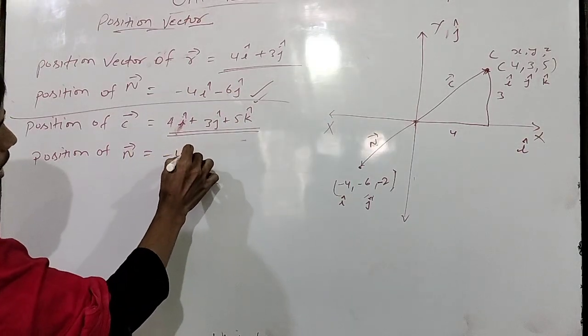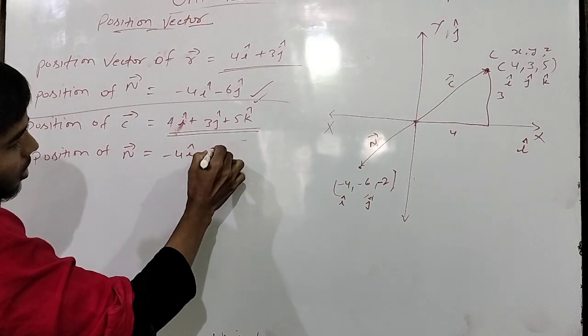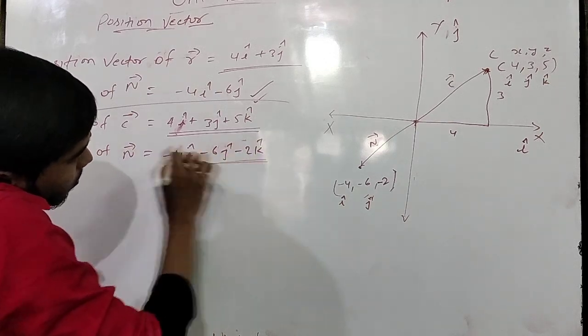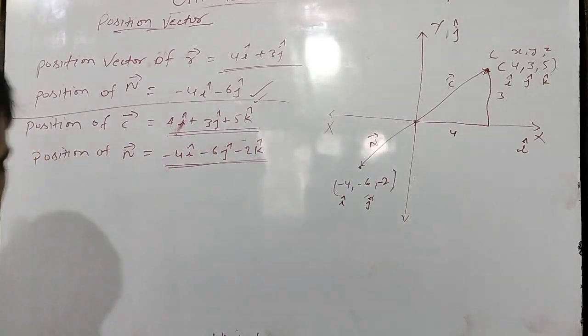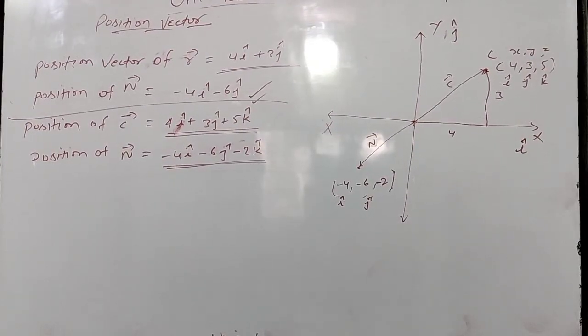So -4 i cap -6 j cap -2 k cap. This is the position of this n vector. Clear? Are you understanding? Have a look for a few seconds.